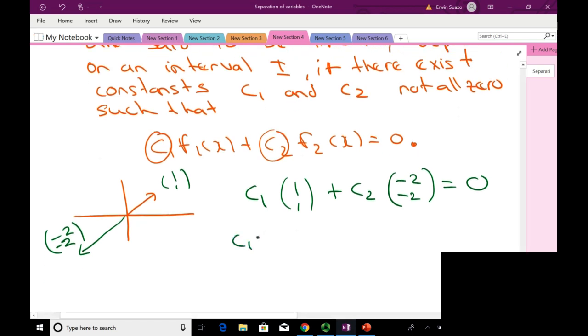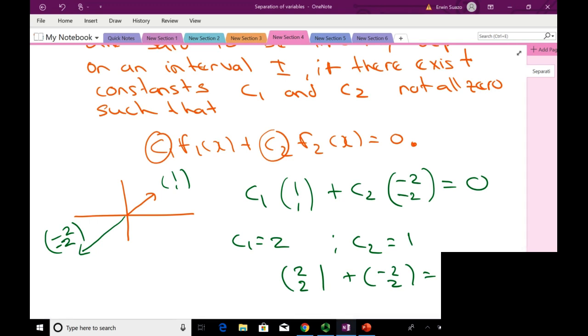So C1 could be 2 and C2 could be 1. So you have (2, 2) plus (-2, -2). So that will give you 0, you see? So that's what is called linearly dependent.